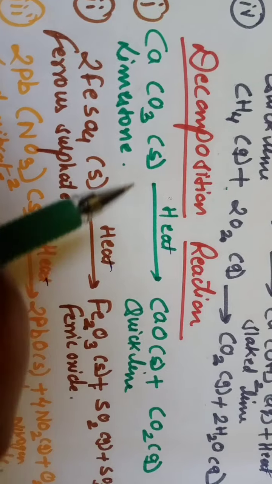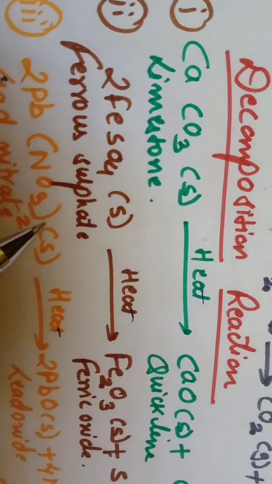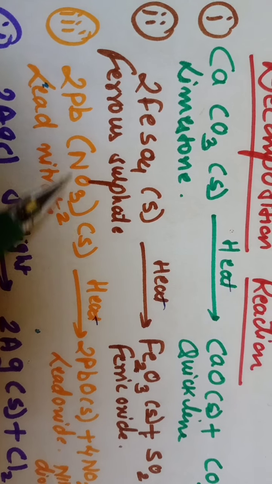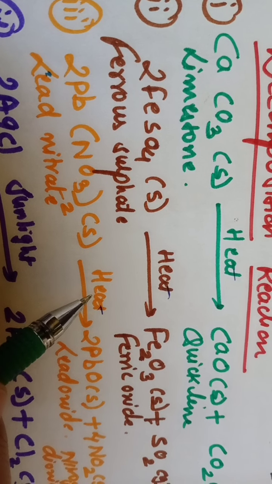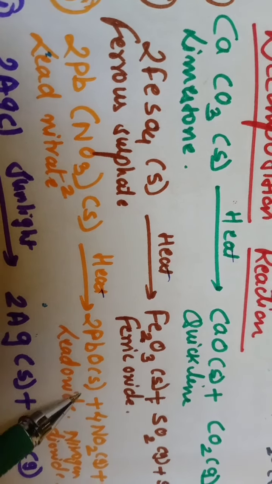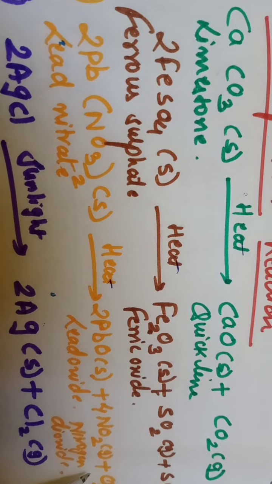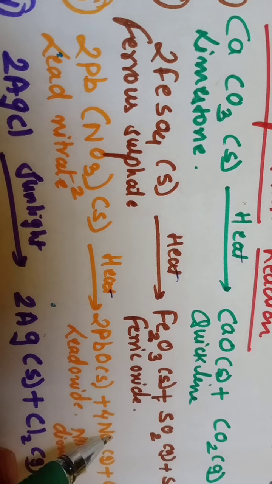So this is a decomposition reaction. Other example is lead nitrate, which in presence of heat reacts to form lead oxide, nitrogen dioxide and oxygen. So this is decomposition reaction.